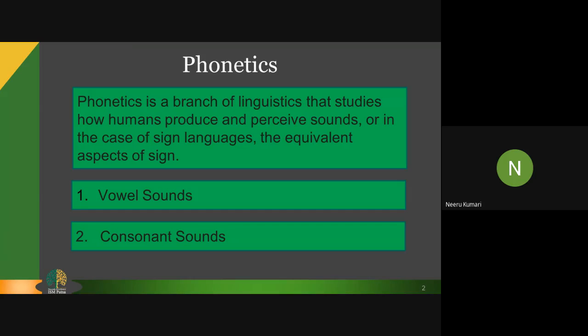So we all need to understand that from language to language the pronunciation may vary. The way you pronounce something in English, the same kind of pronunciation you will not find in Hindi. There are different sounds. To give you a very simple example, how many of you know the right pronunciation of Russia in Hindi?